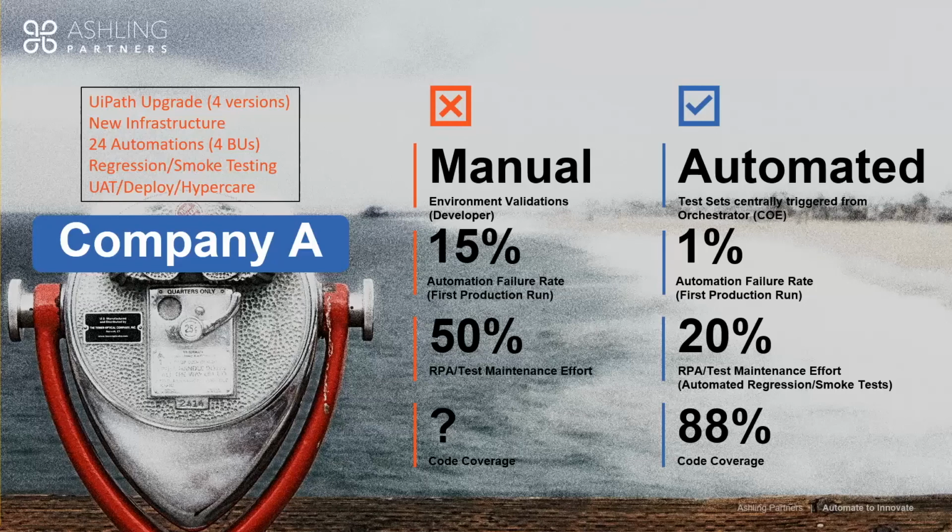Additionally, the bottom row, code coverage without Test Suite, you can test a bunch of scenarios, you can have your test steps set, but you're not going to know exactly how much code you've covered. This is no longer a mystery. You can know the exact percentage when you have these automated tests in place.